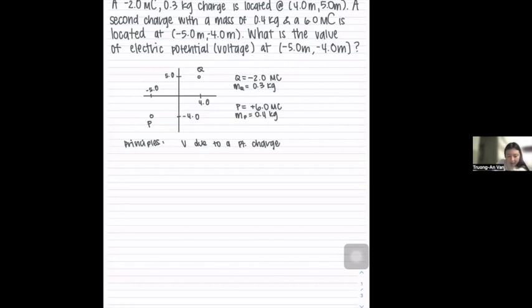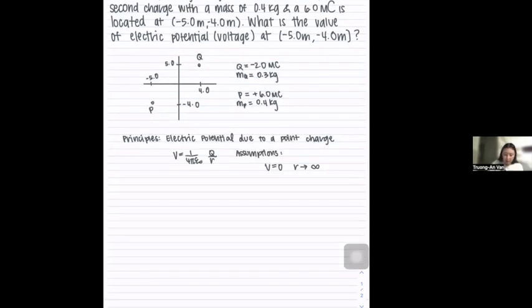That equation is given by V is equal to 1 over 4 pi epsilon naught times Q over R. The assumption that you need to make for this is that as R increases to infinity, electric potential, or V, is equal to 0.